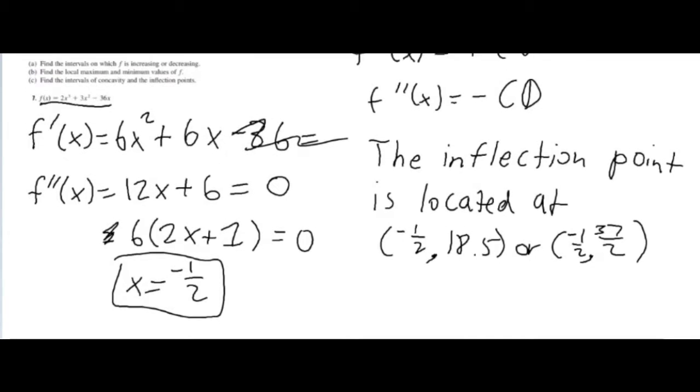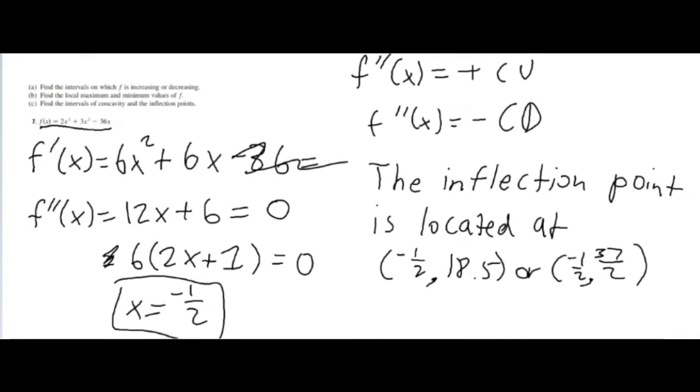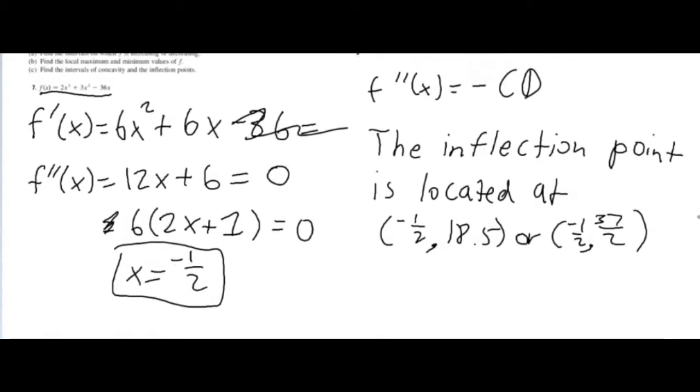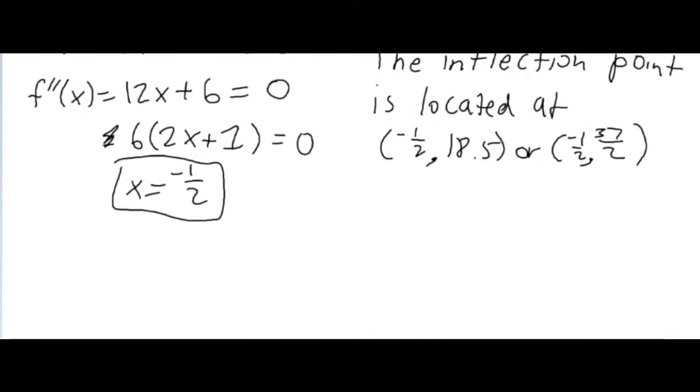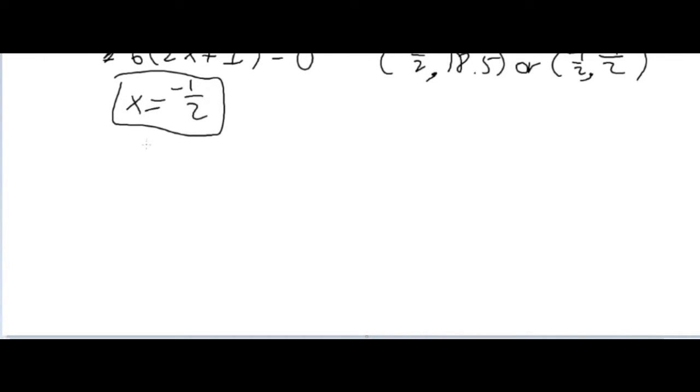So now that we found our inflection point, all we have to do is find intervals of concavity. And all we have to do is set up the same chart that we set up last time, but for this point right here, the negative 1/2.